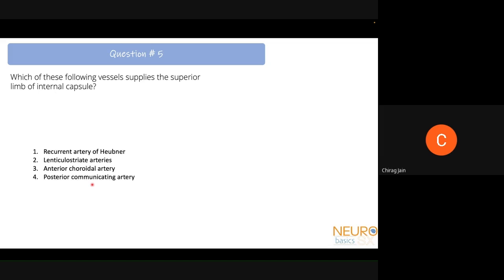Okay, so which of these following vessels will supply the superior limb of the internal capsule? The recurrent artery of Heubner, lenticulostriate arteries, anterior choroidal artery, and posterior communicating artery.